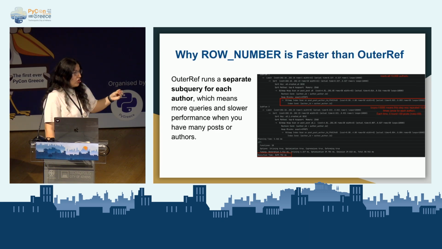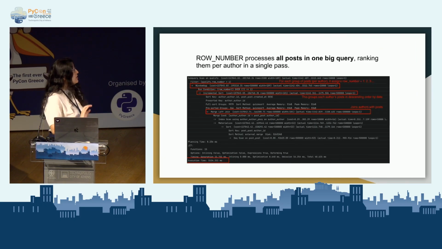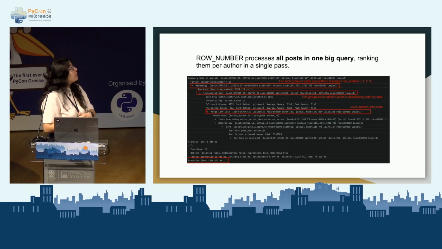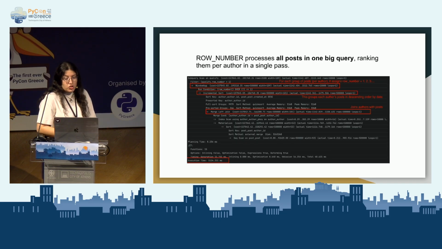For each author, the database runs a separate query. On the other hand, row number fetches all the posts in one big query. Then it joins the posts and authors in a single query. So without the unnecessary loops, it is faster than OuterRef.